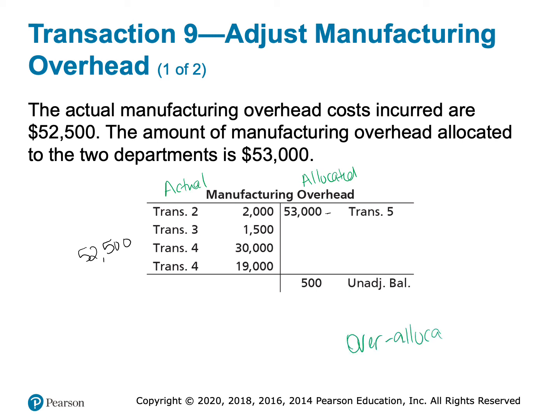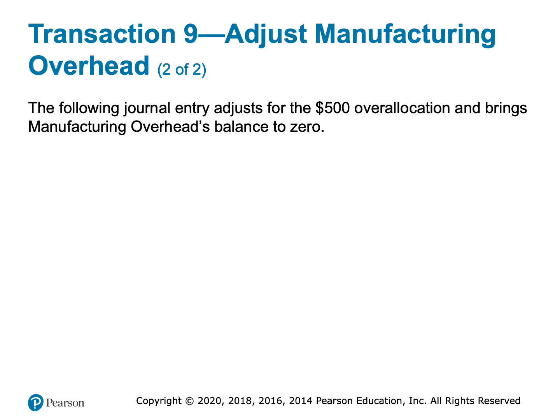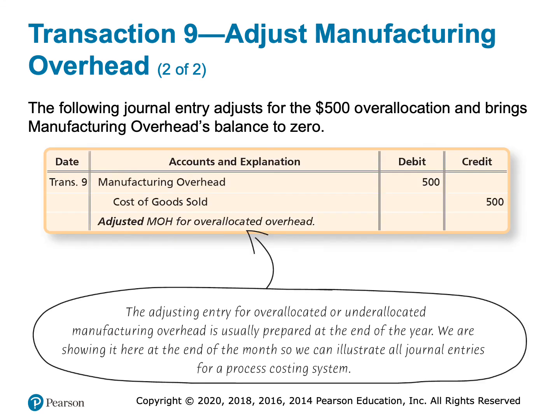We allocated too much. So to close out overhead, since overhead has a credit balance, I would need to debit overhead to close it out. So if I debit overhead to close it out, I will have to credit cost of goods sold. So on this entry, to close out overhead, I'm going to debit overhead and credit cost of goods sold.